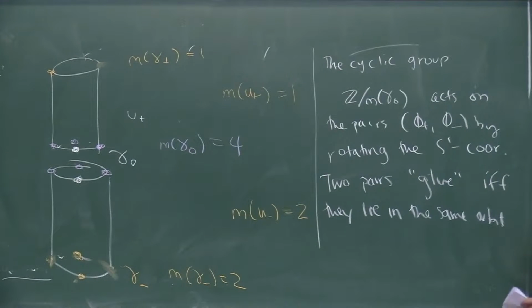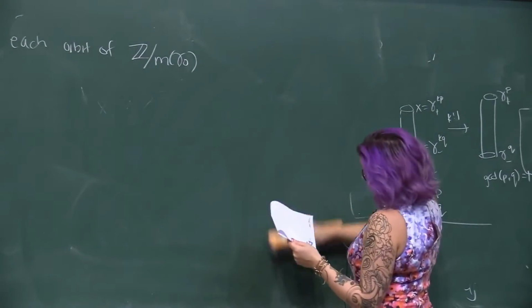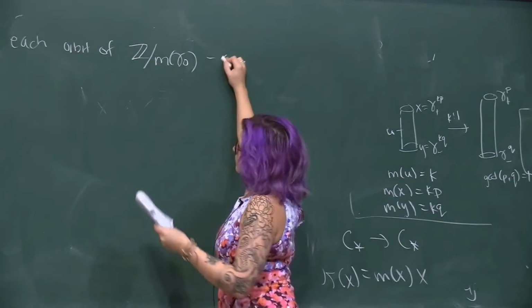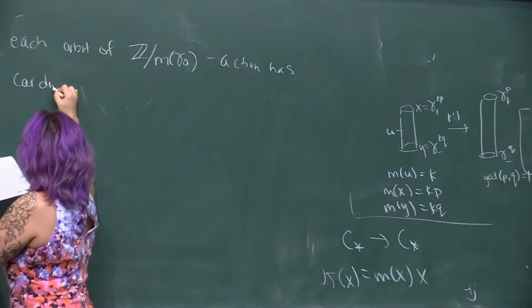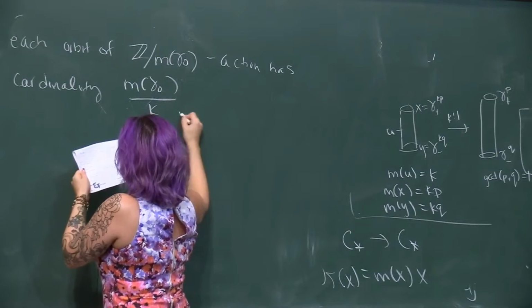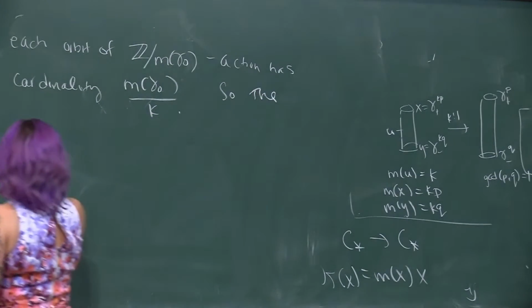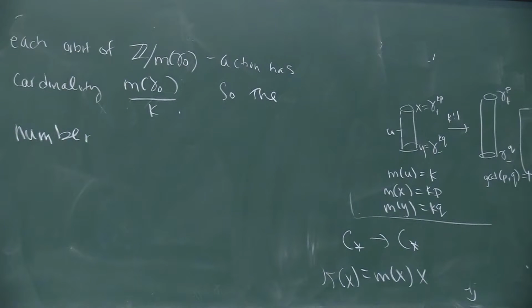So then each orbit of this Z mod M of the breaking orbit action has cardinality m of gamma naught over k. So the number of orbits is the number of pairs, which is this m of gamma naught squared divided by m of u plus m of u minus, divided by the cardinality of the action.